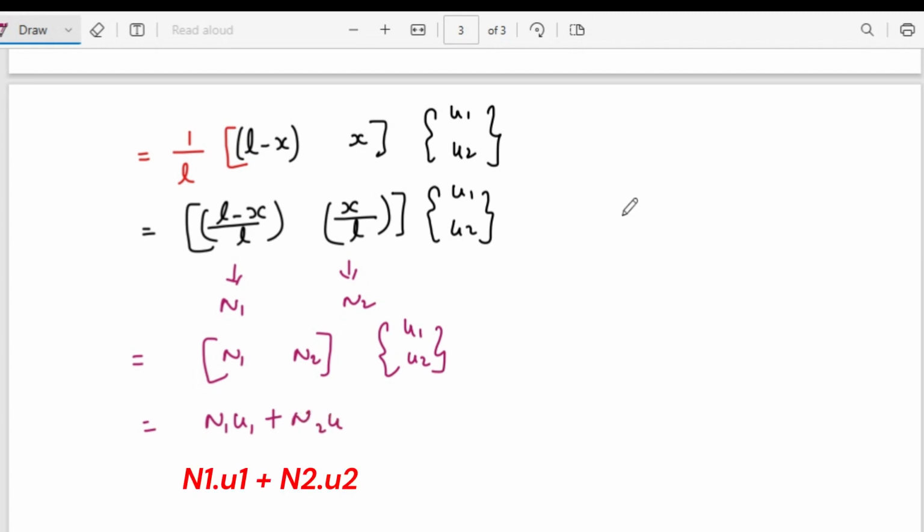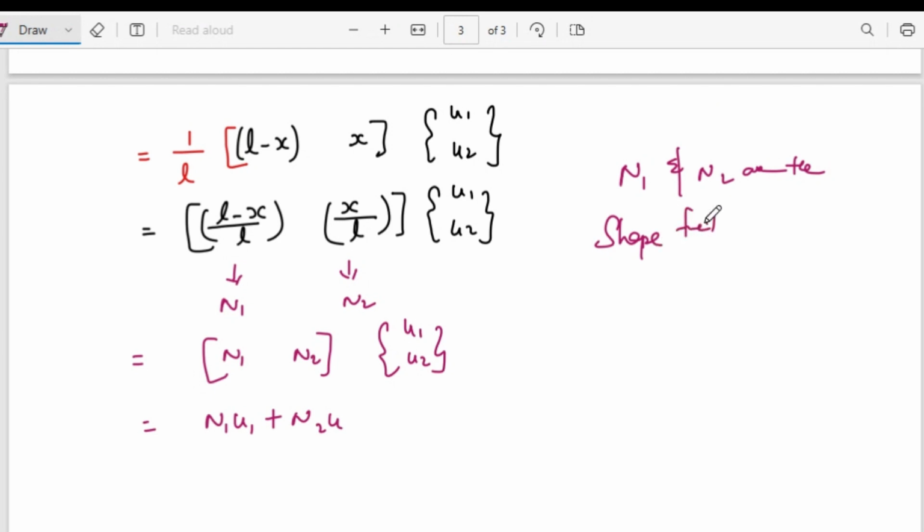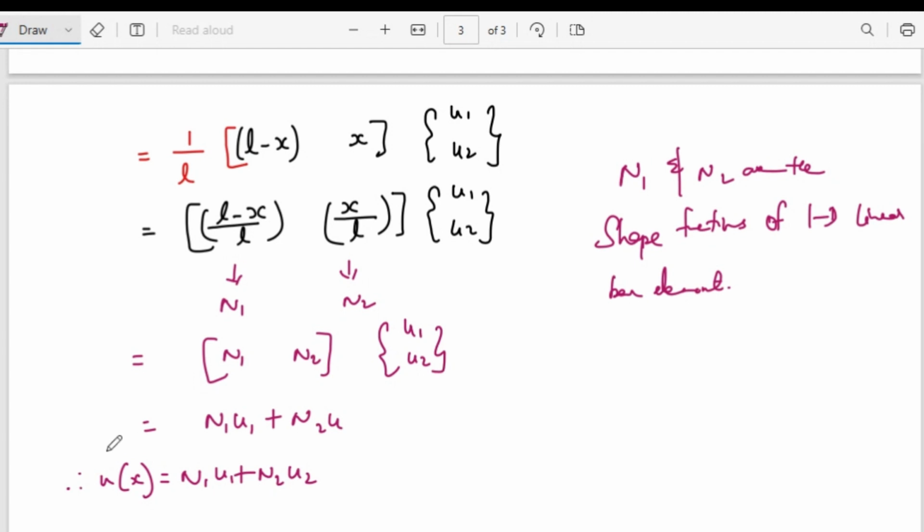So this n1 and n2 are the shape functions of the one dimensional linear bar element. Therefore we have u of x is equal to n1 u1 plus n2 u2. So this is our final answer.